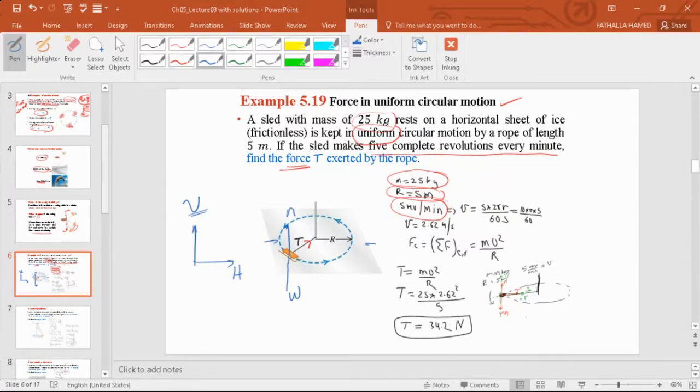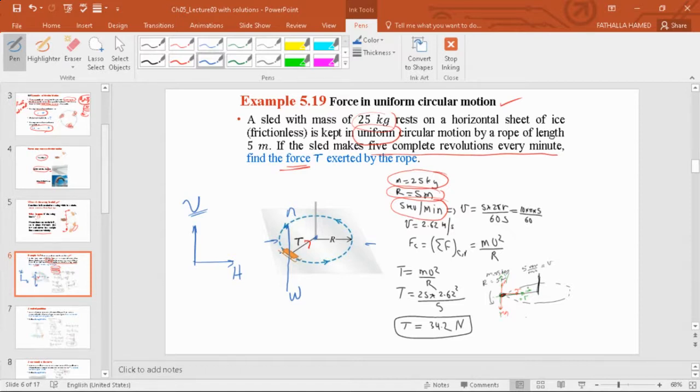So here you will see that your tension is pointing toward the center of the circle. And of course, the weight is usually down toward the center of the earth, and the normal force is perpendicular to the supporting surface.